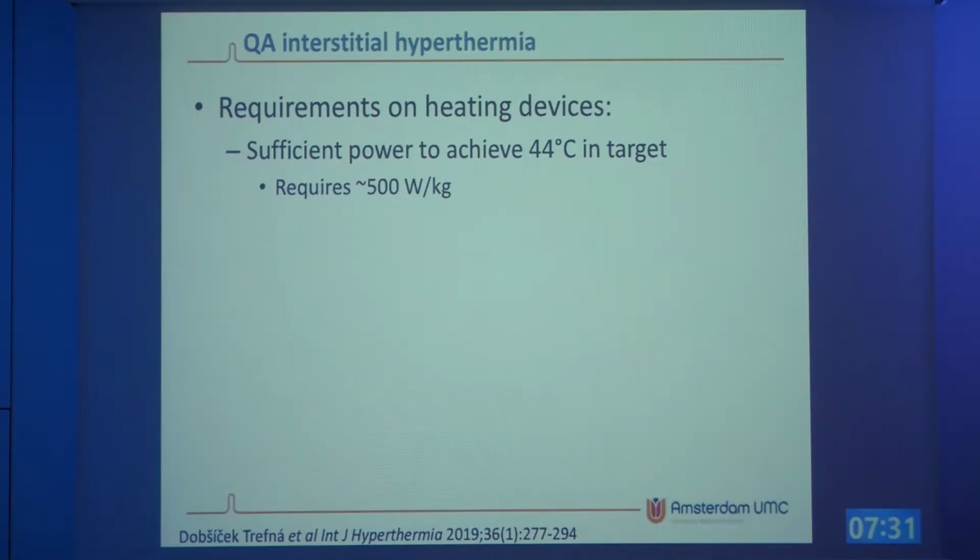So that means that you should have about 500 watt per kilogram locally. That sounds like a lot, but actually this is in a very small subvolume. It also means that if you're using catheters to insert your applicators into, these should be composed of a lossless material or a low loss material.